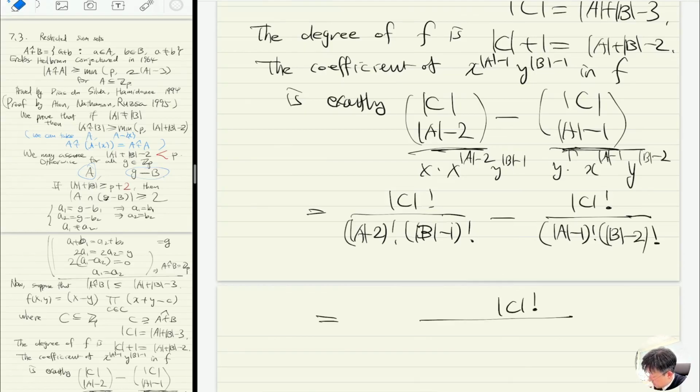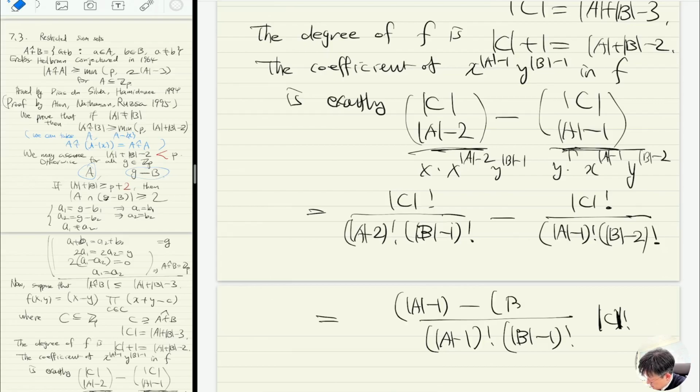The common term is c factorial, and let's say a minus 1 factorial, b minus 1 factorial, and c factorial is common, and the term here you get a minus 1 minus b minus 1.